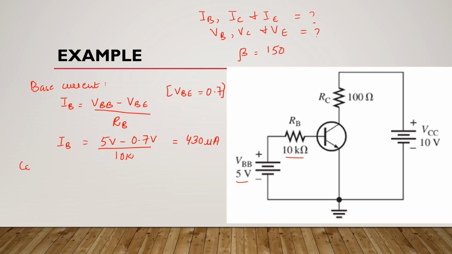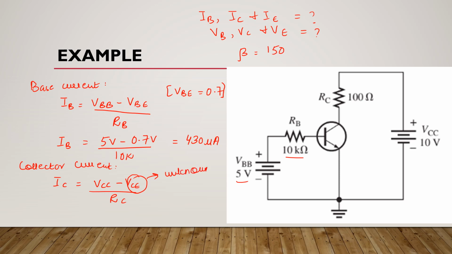Now how are you going to find collector current? For this we will use the formula VCC minus VCE divided by RC. But here we know that this term VCE is unknown.